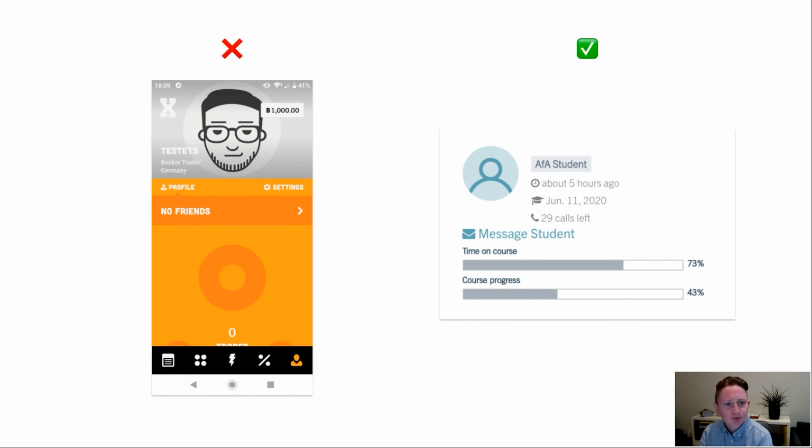On the left side, we see an application for stock trading, which I actually downloaded because I wanted to learn about it, because I don't know that much about it. And one day I thought it was time for me to understand how that works. And this application assigns to you this placeholder image when you first create an account.